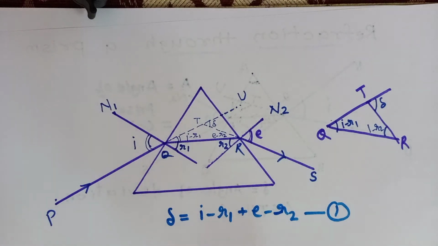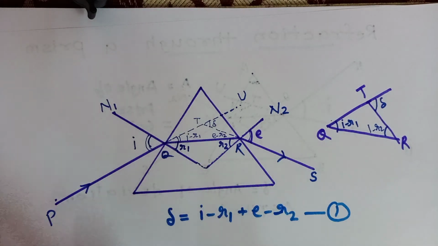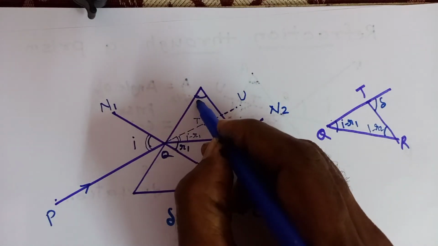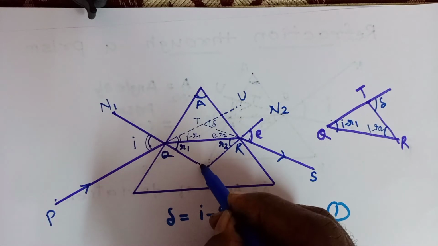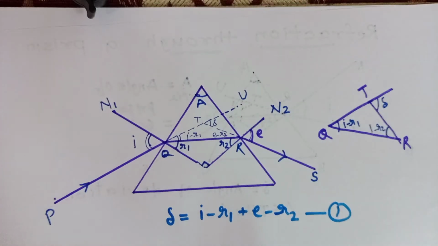Now one more thing we have: if you extend this here, this is the angle of prism A, and this angle is 90 degrees, because this is also normal, this is also normal.